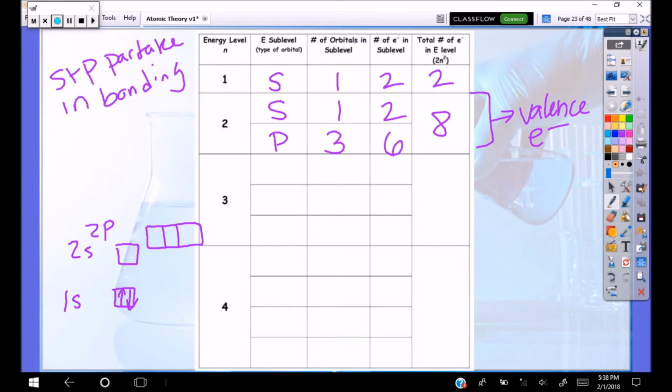Okay. When we get into the higher levels, we end up getting a D sublevel and an F sublevel. So the nice thing is that everything is the same for the S and the P, so we can fill those out.